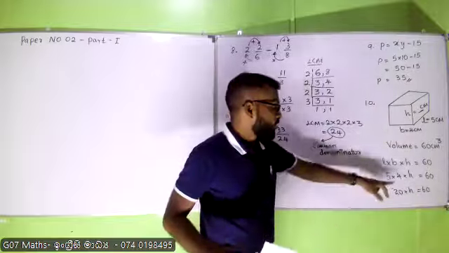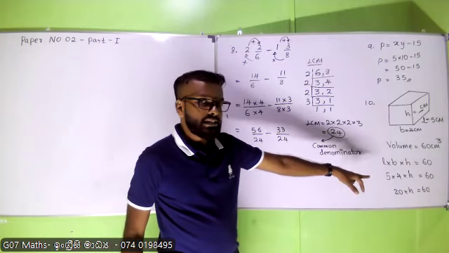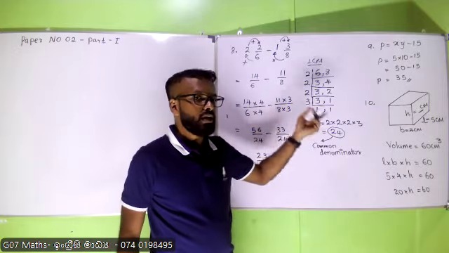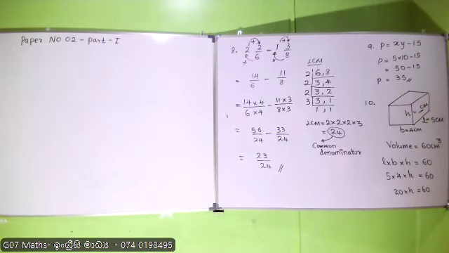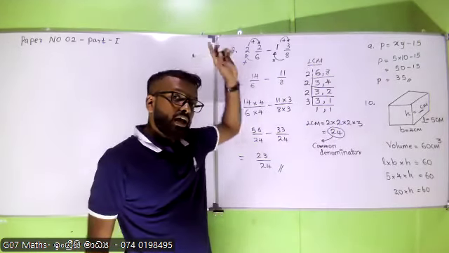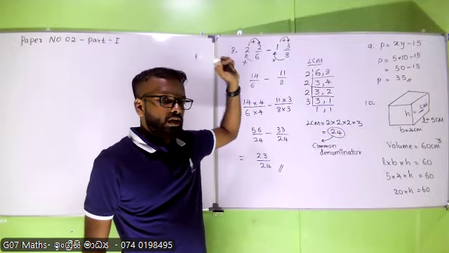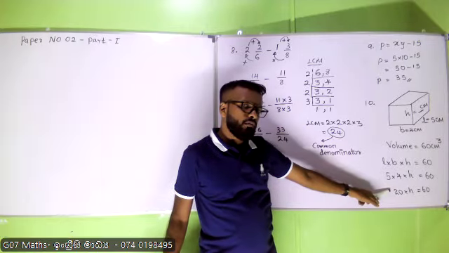Now tell me how to find the value of H. What is this 20? 20 is a multiple with H, 20 multiplied by H. If you want to remove 20 from your left hand side, what should be done? Previously we removed positive 90 by doing the opposite thing.